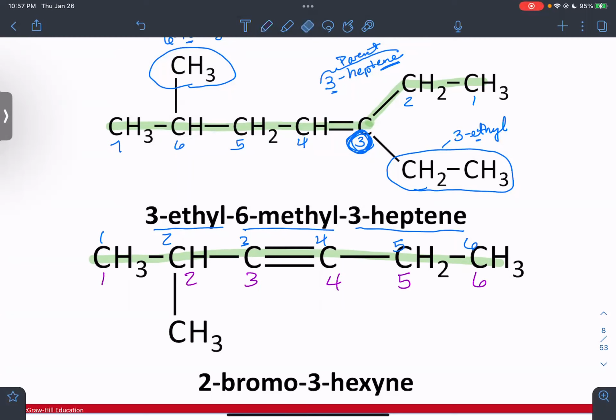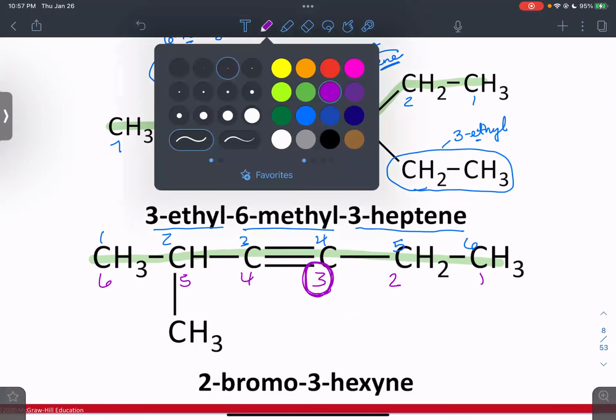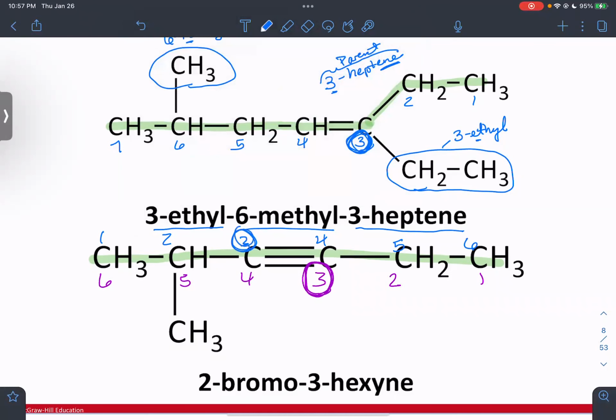Oh, I did the exact same thing. Okay, 1, 2, 3, 4, 5, 6. Now, here's our question. We have a blue number and I guess I did purple. The first carbon participating in the carbon-carbon double bond is a 3 in the purple and a 3 in the blue.